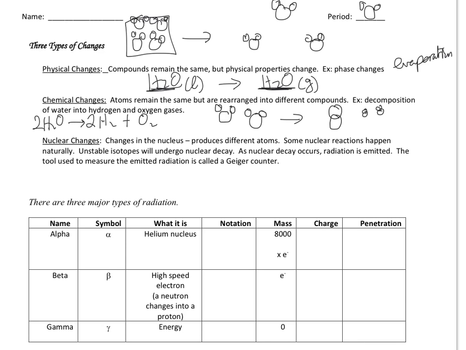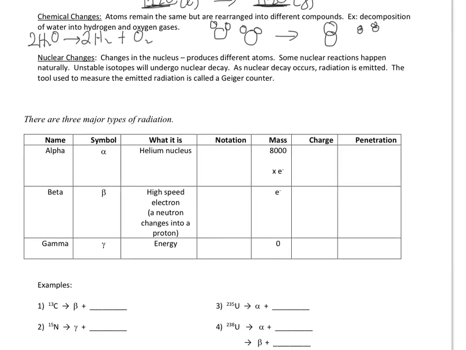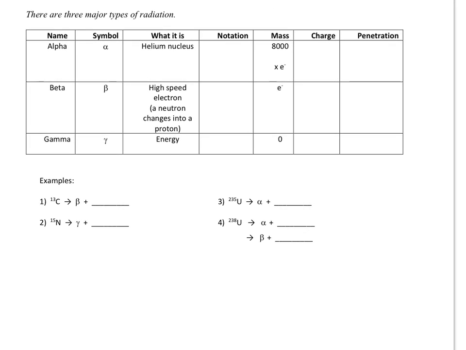And so the tool that we use to measure the radiation is called a Geiger counter. It's the device in movies where it beeps when you get near nuclear radiation.